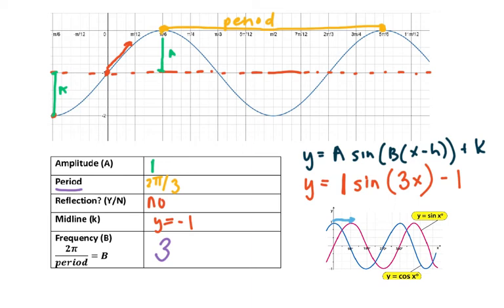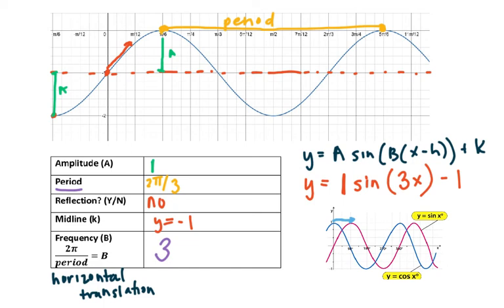So when we are creating our function, everything is going to stay the same. The only addition we are going to have is a horizontal translation. So I'm going to add this below our table here, and we are going to figure out what that horizontal translation is.